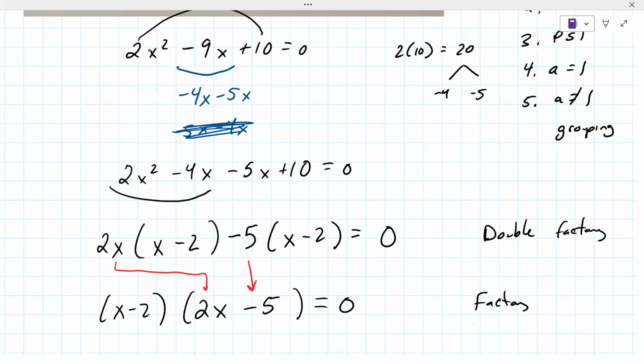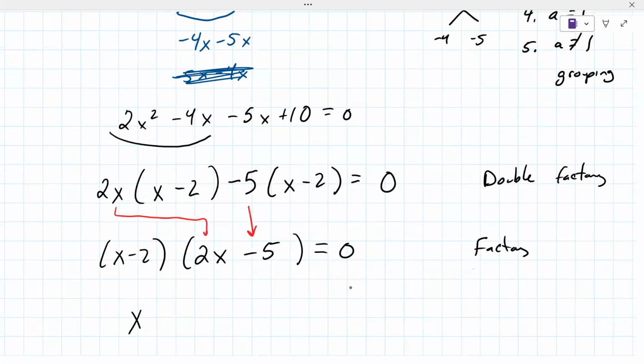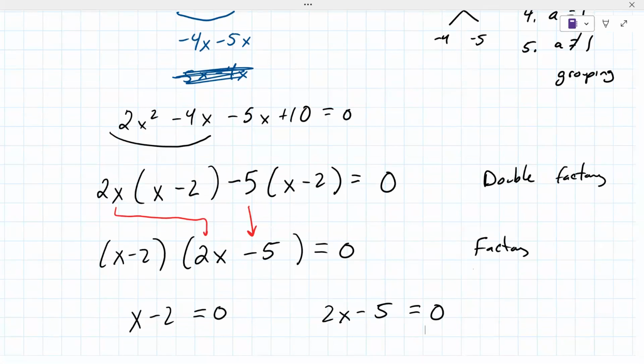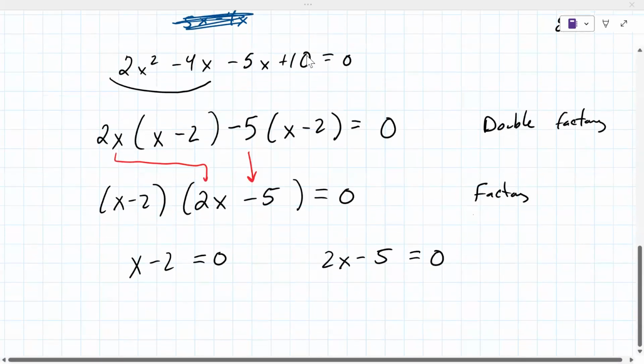And now to actually solve, you set each of these equal to 0. So then it's 2x minus 5 equals 0.